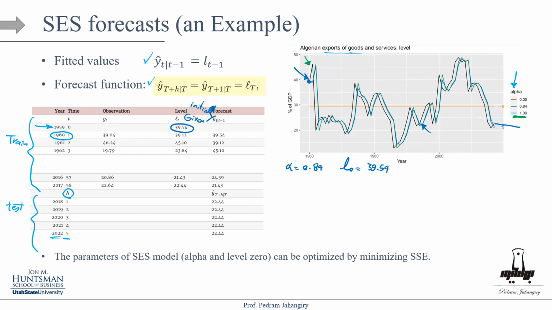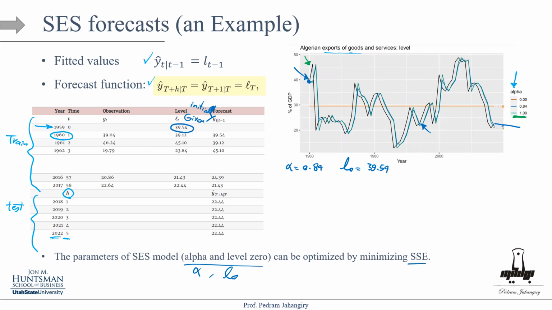At the end of the day, if you want to identify the parameters of this model, SES has two simple parameters: the parameters of the SES model are alpha and level 0. You have to have a cost function or loss function, right? So what is your loss function? As always in regression, we can think of SSE, sum of squared errors.